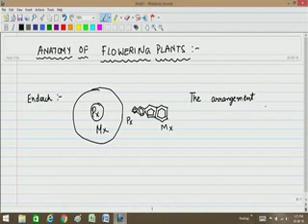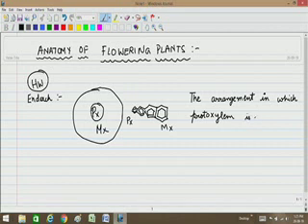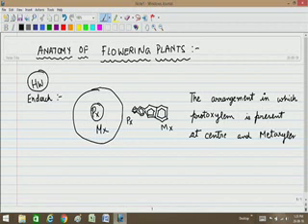The arrangement in which protoxylem, this is your homework that I am discussing, in which protoxylem is present at center and metaxylem towards periphery is called endarch condition.